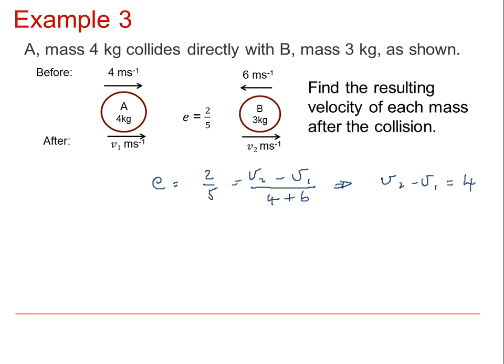But we've also got conservation of momentum, which says that the momentum before impact, which is 4 multiplied by 4, plus 3 multiplied by negative 6 for B, is equal to 4 multiplied by V1 plus 3 multiplied by V2.